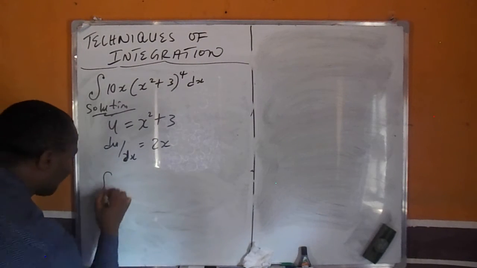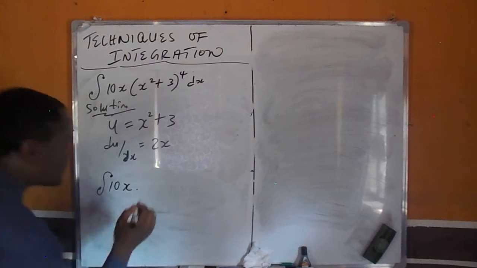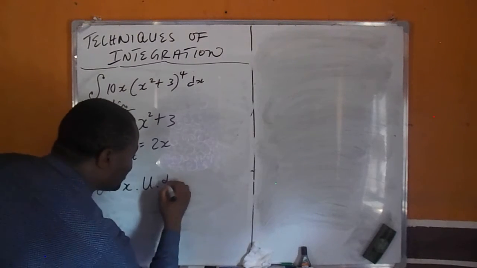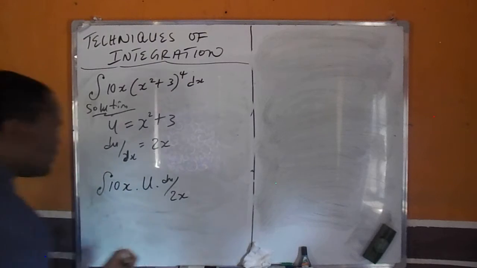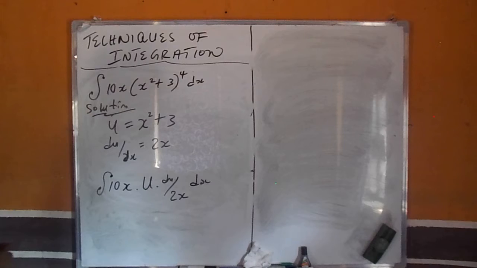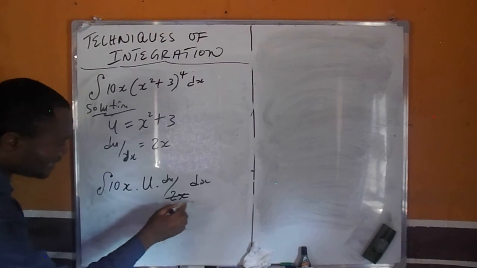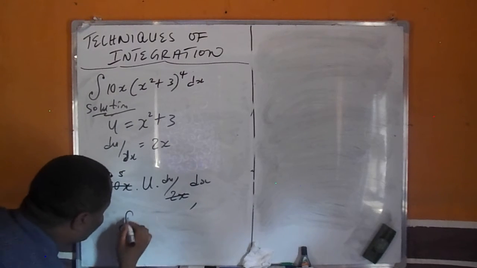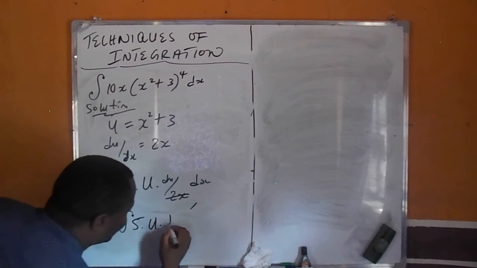Then we now have integral 10x times u to the power 4 times du over 2x, dx. Whereby we have this 2x here, 10x over 2x will give us 5, which gives us integral 5 times u to the power 4 du.